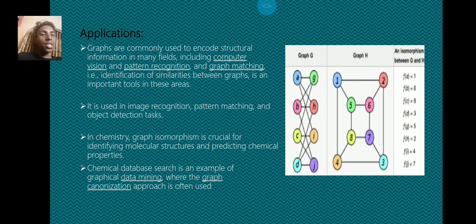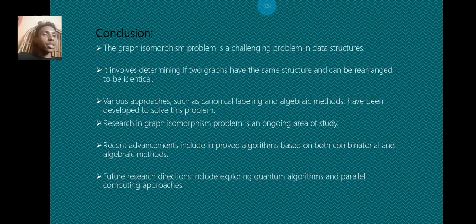In chemistry, graph isomorphism is crucial for identifying molecular structure and predicting chemical properties. Chemical database search is an example of graph data mining where the graph isomorphism approach is often used.